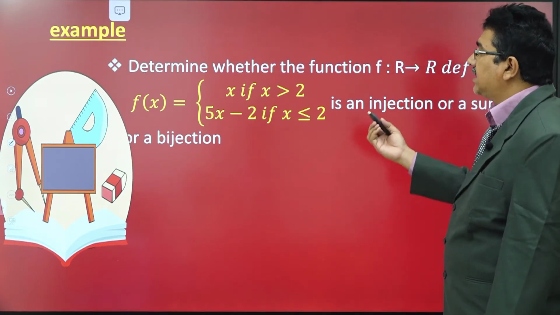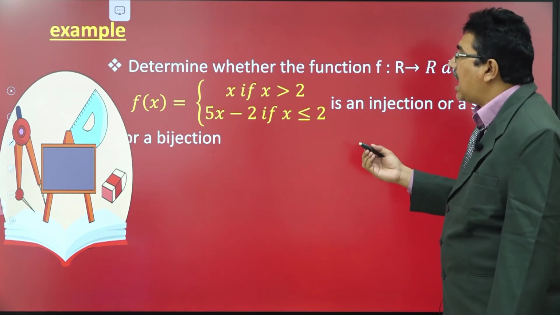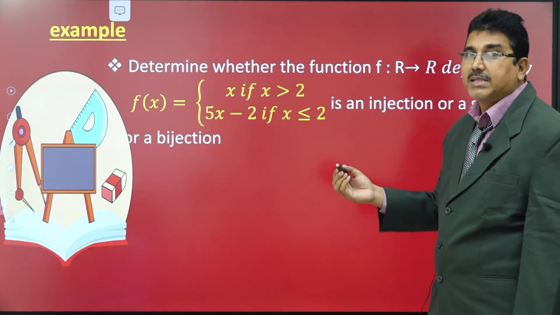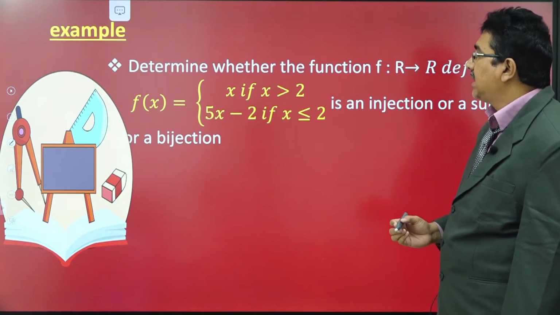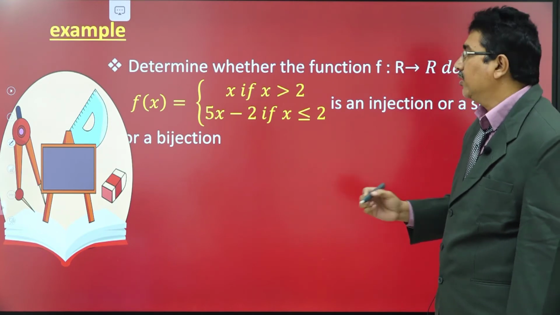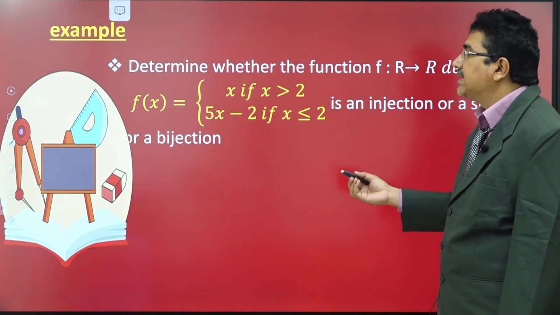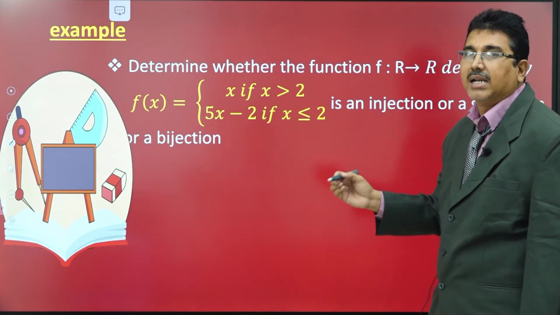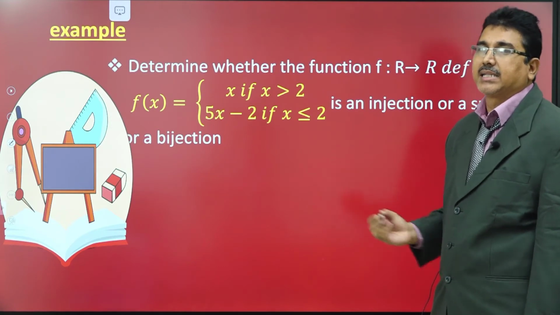Is this piecewise function 1-1 or onto? If it is 1-1 and onto, then it is a bijection. First verify whether this is 1-1 or onto, by using the horizontal line test.